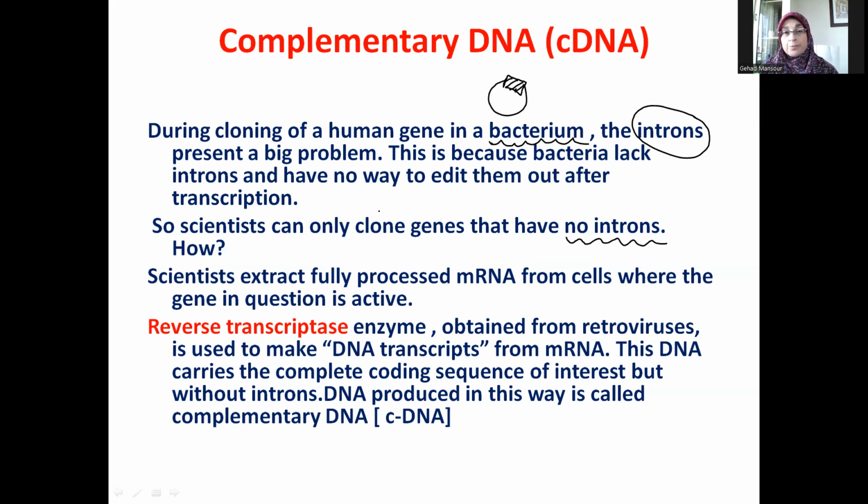So if I, for example, want to clone a gene for insulin, then I'll take a pancreatic cell, and that pancreatic cell actively produces insulin, and therefore the gene for insulin in that pancreatic cell is expressed, is on, and it forms the complementary sequence of messenger RNA in the nucleus.